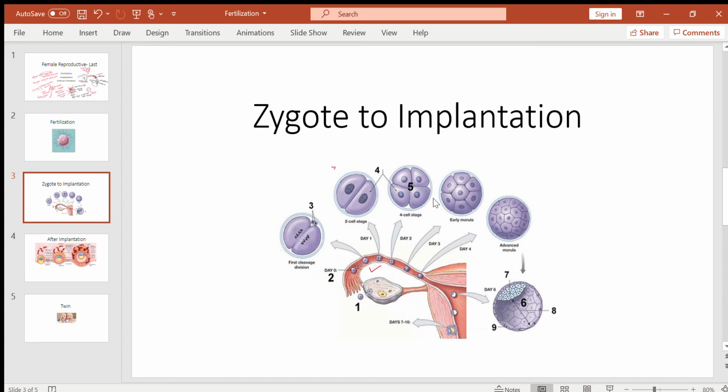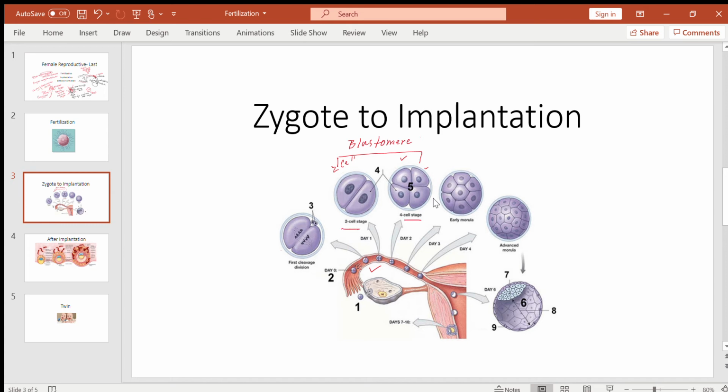This is the 2-cell stage, this is the 4-cell stage, and these stages are called blastomeres. Okay, 2-cell or 4-cell stages.